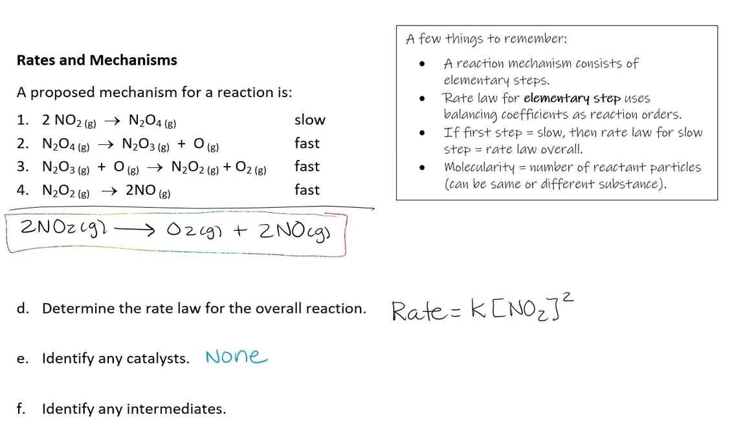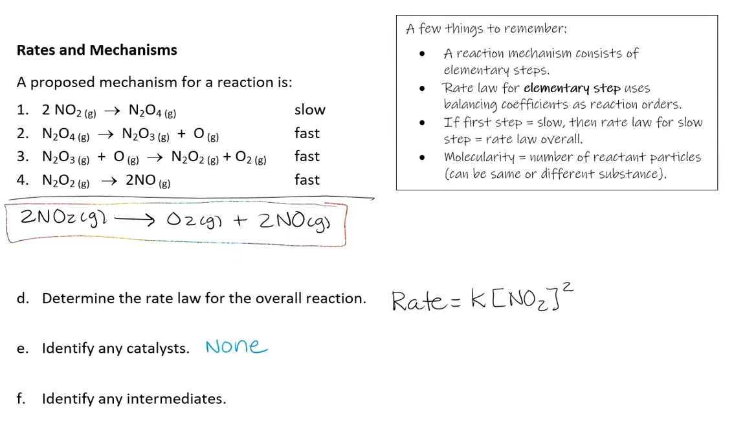An intermediate is basically the opposite. It is first produced as a product in an earlier step, and then it goes on to serve as a reactant in a later step. We have quite a few intermediates in this particular reaction mechanism. The first one is N2O4. First appears as a product and then is used as a reactant.